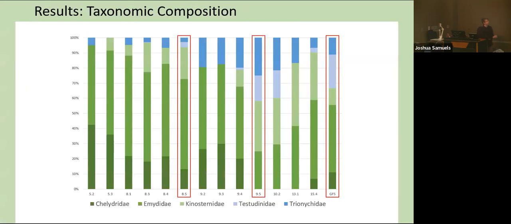So for the results, for taxonomic composition, we have the Gray Fossil Site over here. Remember, Gray is one of the places where we find all 5 modern families. And it's difficult to find clear matches. But if we look at this one, 8.5 is the Mississippi Alluvial Gulf Coast. It's kind of similar. It does have all 5 present.